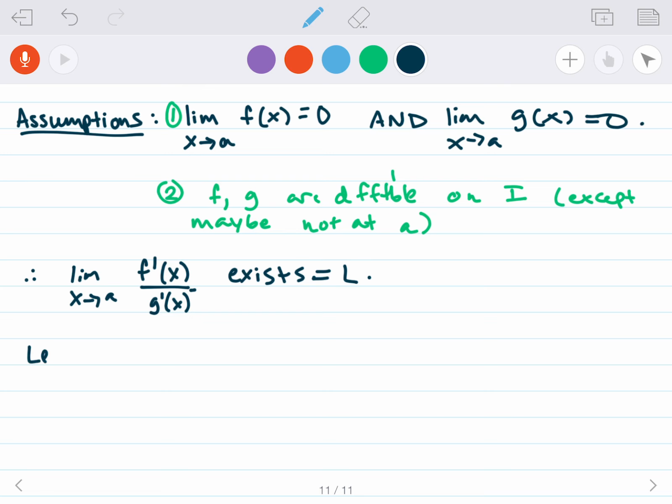Then let epsilon be bigger than 0. Our old friend epsilon is back. What does it mean for the limit to exist? Okay, so we're going back to the functional limit definition using epsilons and deltas.